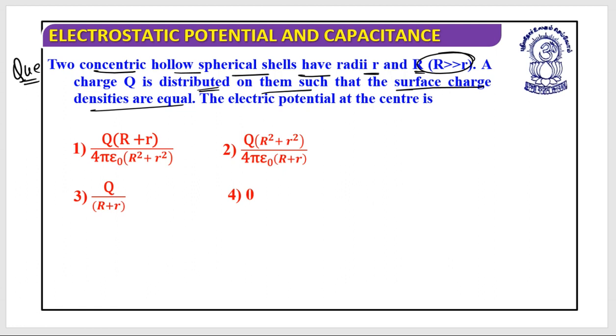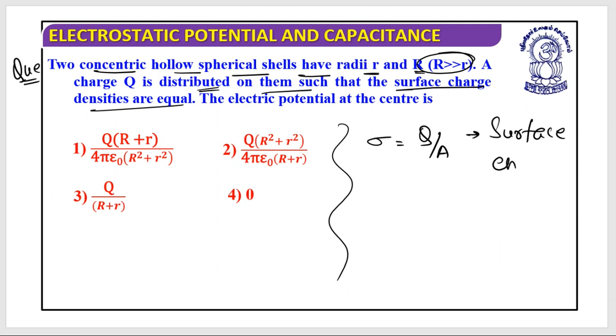First, tell me, what is surface charge density? Yes, it's sigma, that is Q by A. This is surface charge density. What is volume charge density?